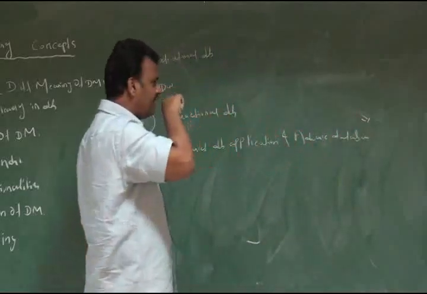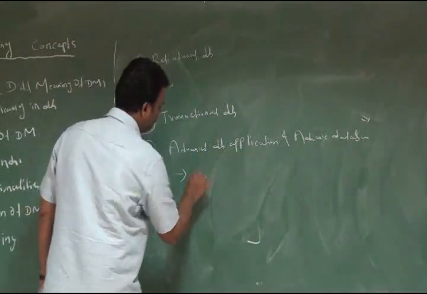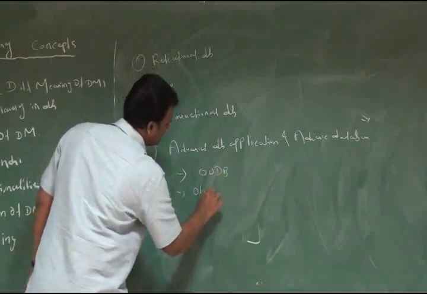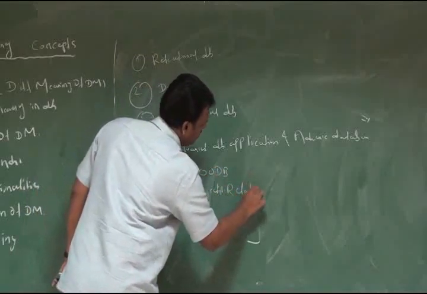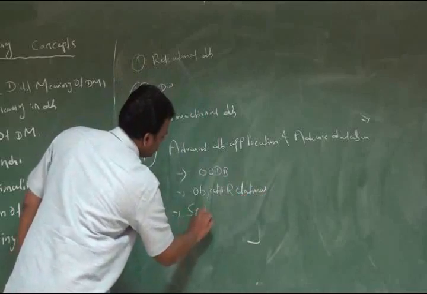Here, in the advanced database application, there are different types of subheadings. The first one, object oriented databases, then object relational databases. The third one, spatial databases.